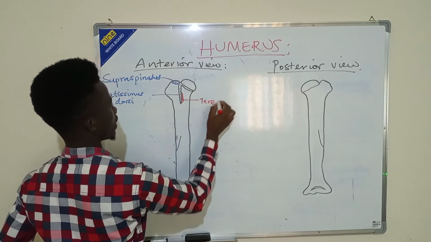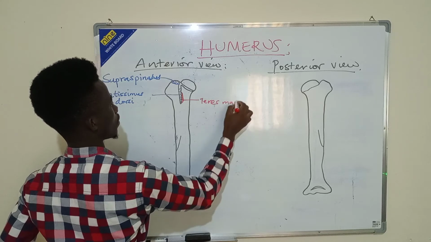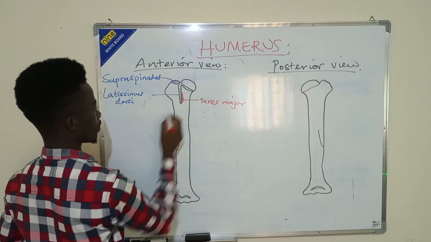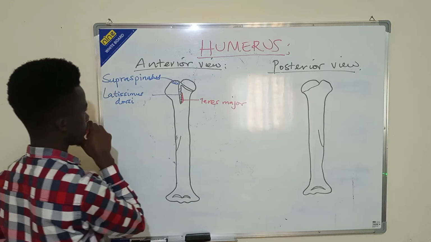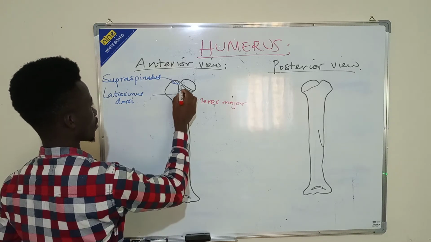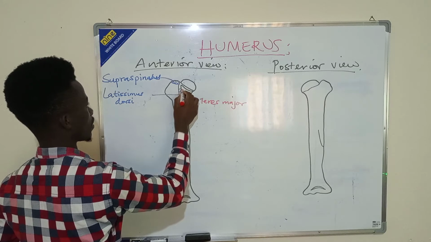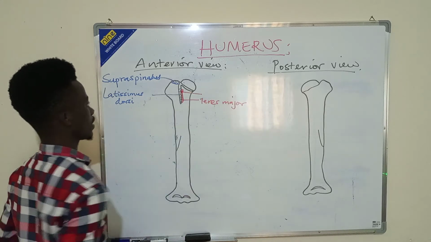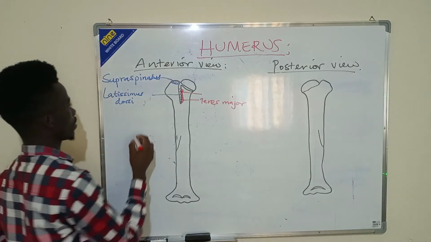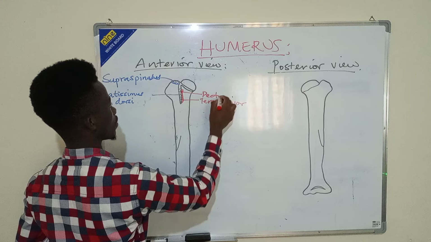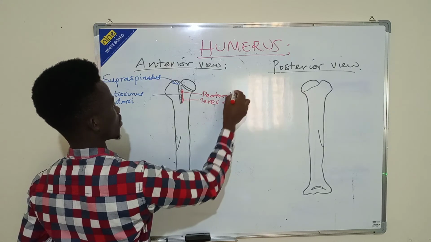So we have teres major making its insertion there. Then we also have pectoralis major. It also inserts along the lateral side of the bicipital groove. So we have pectoralis major.